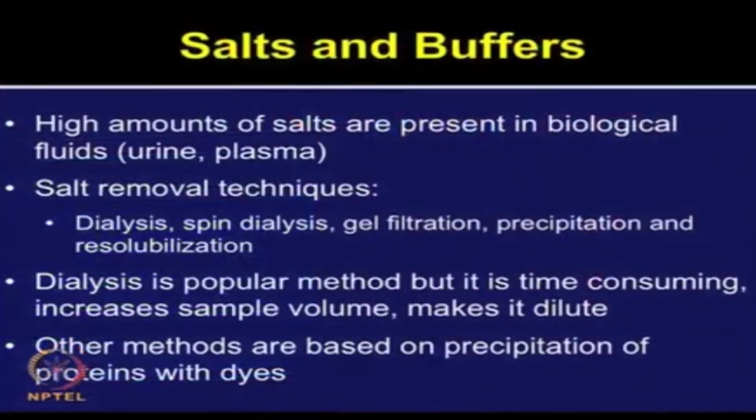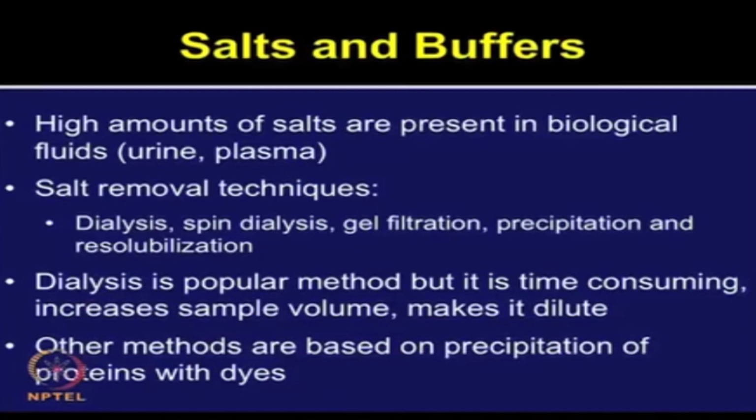Let us first talk about salts and buffers. During your entire processing, you use different types of buffers, and residual buffers are always there which could affect the overall sample preparation. Now, salt is also present due to the nature of the sample itself.